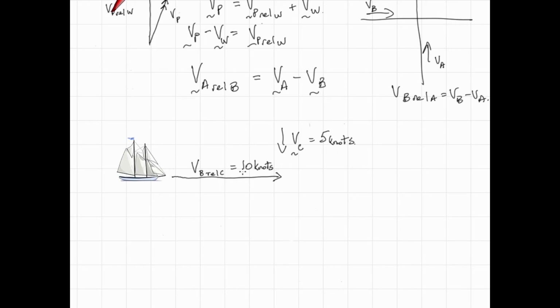As you can imagine, if the boat is relative to the current and not the shore, it will go straight across. You've got the velocity of the current going down there.